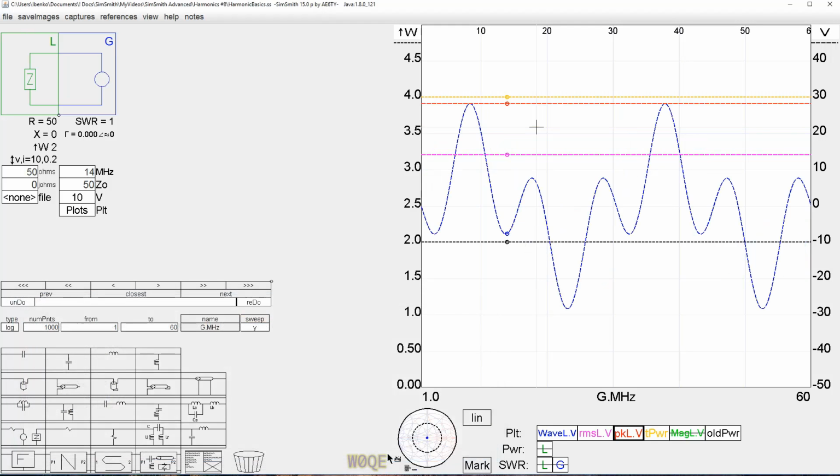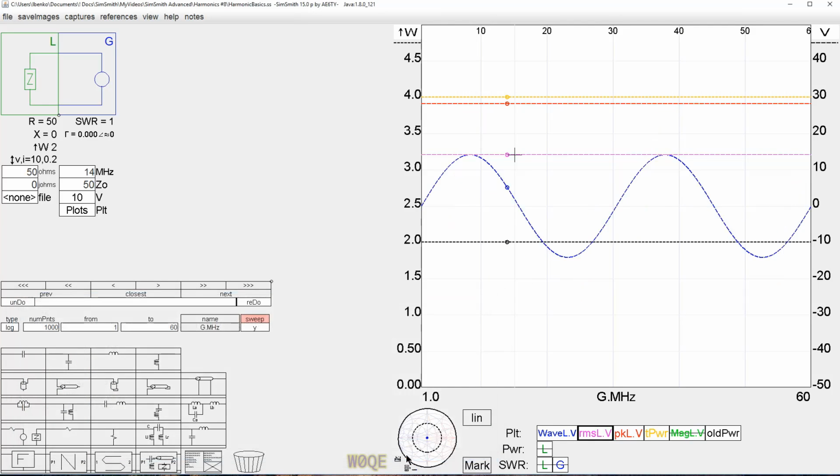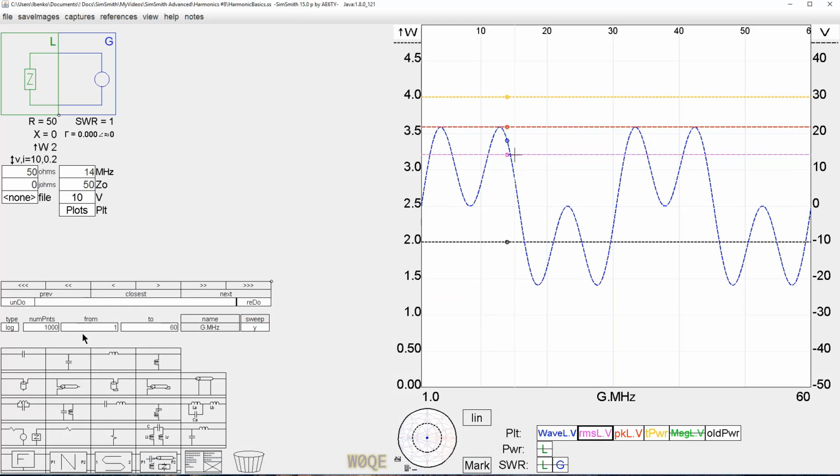If the phase is like this, we now get a peak value of 28 volts, even though the RMS value is the same in all cases. It's 14 volts there. It doesn't change.